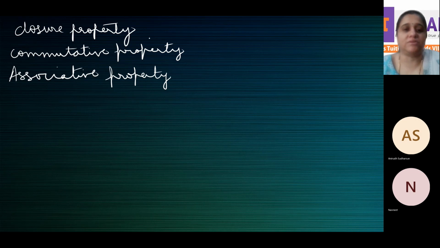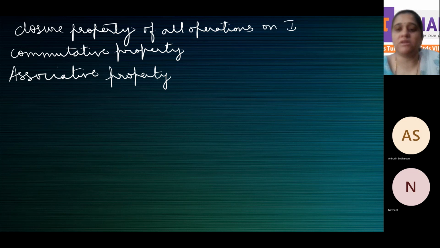So closure property of all operations, meaning addition, subtraction, multiplication, and division on integers.